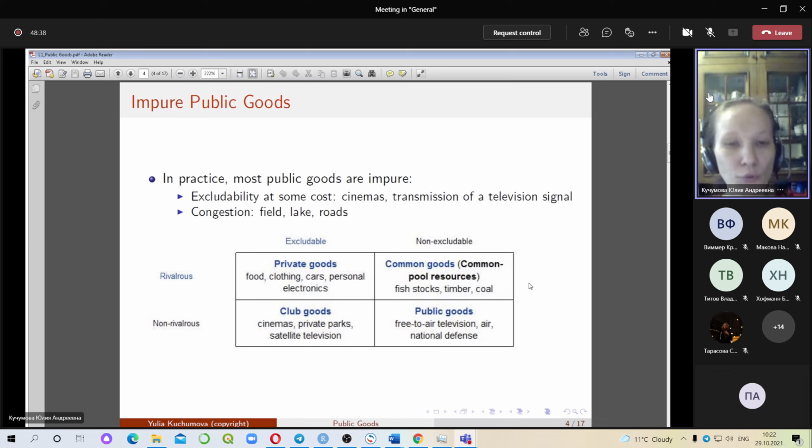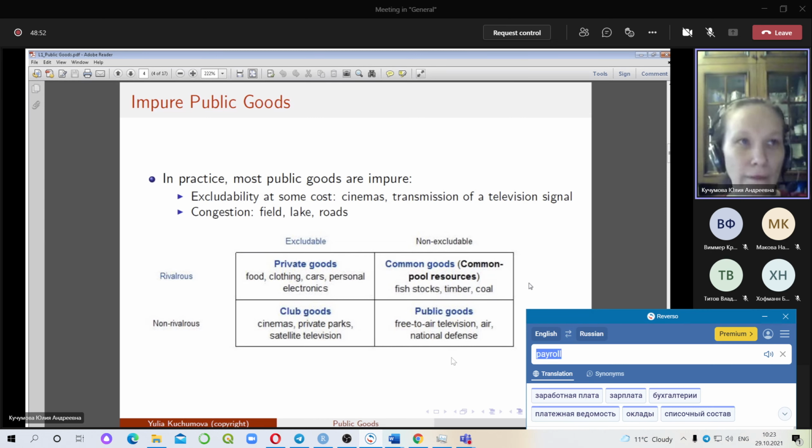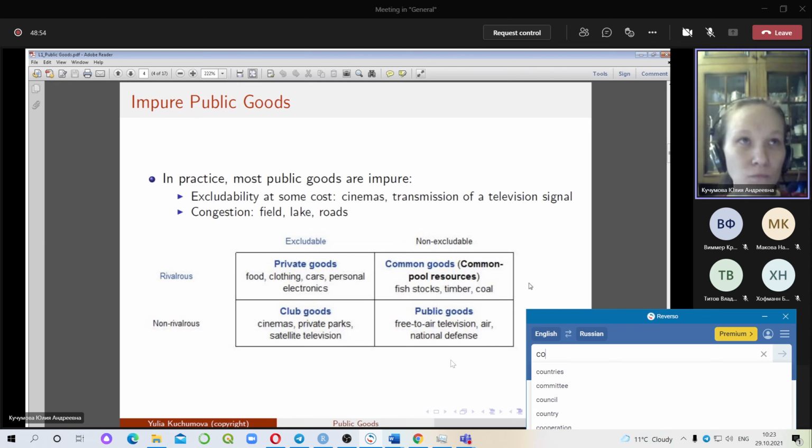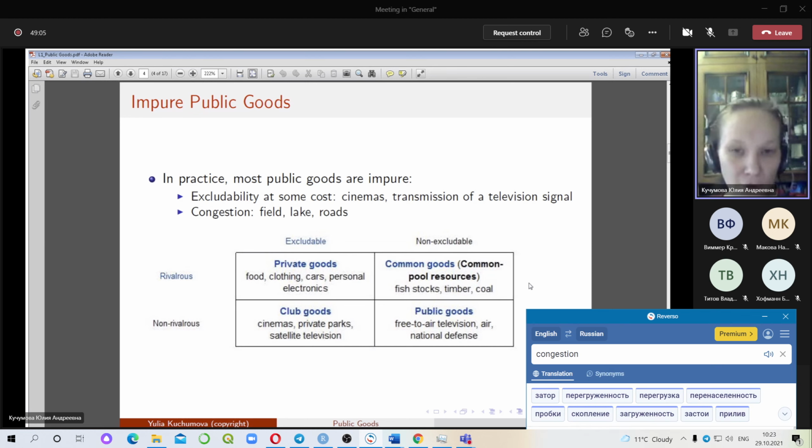If there are not too many cars on the road, your driving, your consumption of the road, does not affect other people, and other people do not affect you.